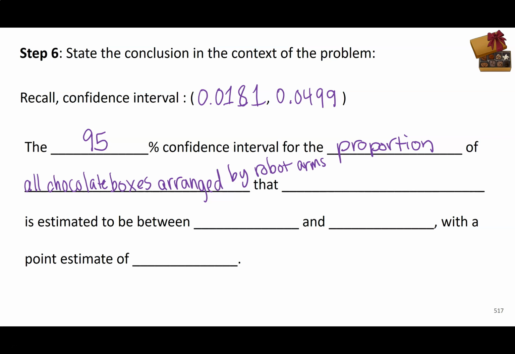Technically in this productivity period, although, I mean, you're welcome to be that specific if you want. That what? So the proportion of all those boxes that are defective.